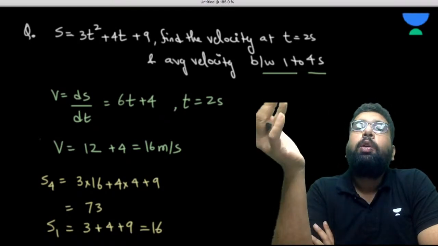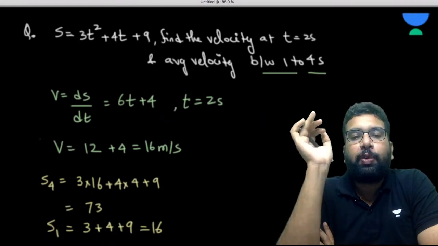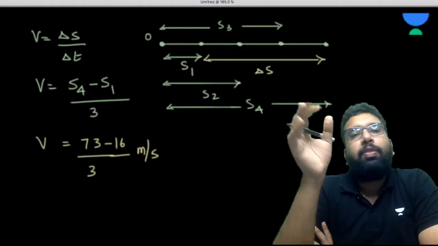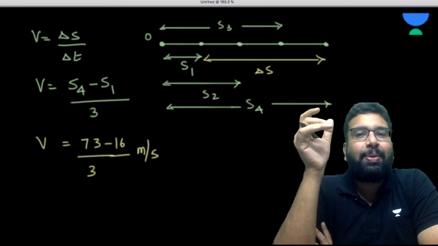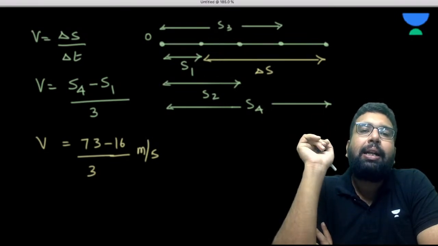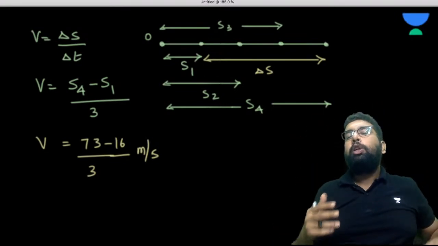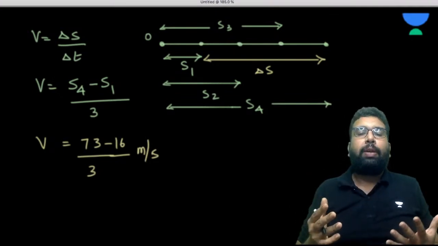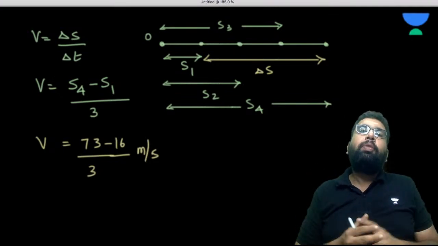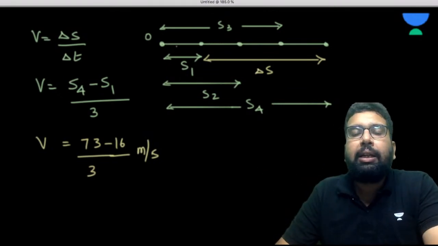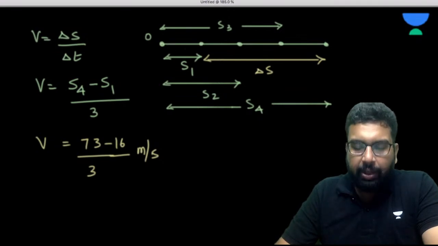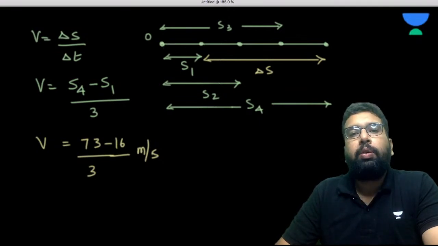Now you want to find the average velocity between 1 to 4. Average velocity is total displacement upon total time, that is delta s by delta t. Now what is delta s? You are asked about the displacement between 1 and 4 seconds. Let's suppose we started from 0, and in 1 second the displacement is s1, measured from some reference point.